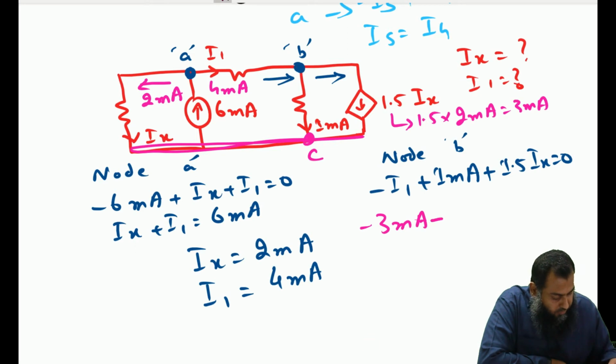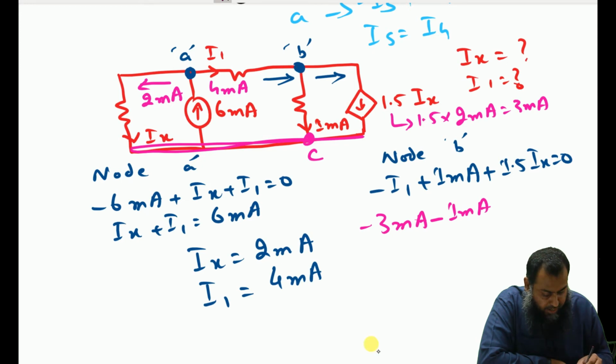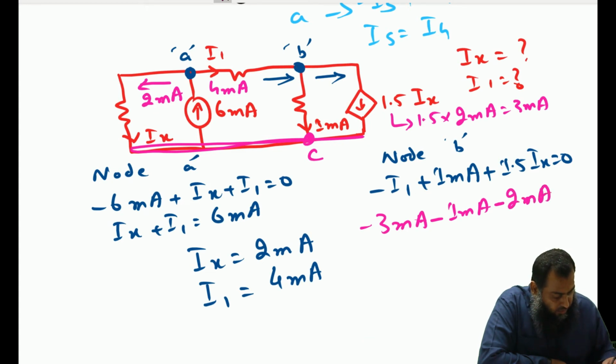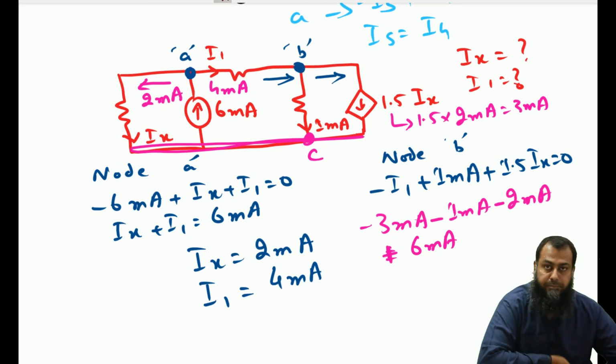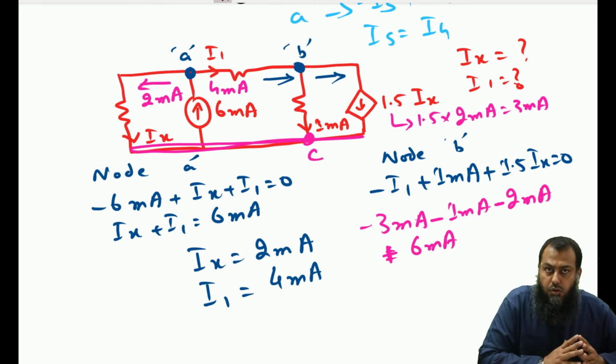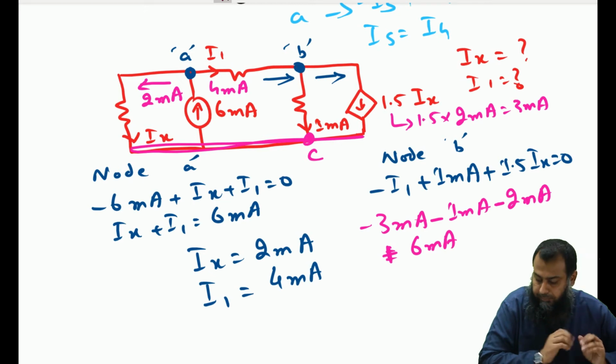Then we have 1 milliampere coming from this particular branch of the circuit, and then we have this Ix which is also going into this node C. So I can write minus Ix, which is minus 2 milliampere, and this all is equal to 3 plus 1, minus 2, equals this 6 milliampere current source. So we can see that Kirchhoff's current law holds true for this particular circuit.